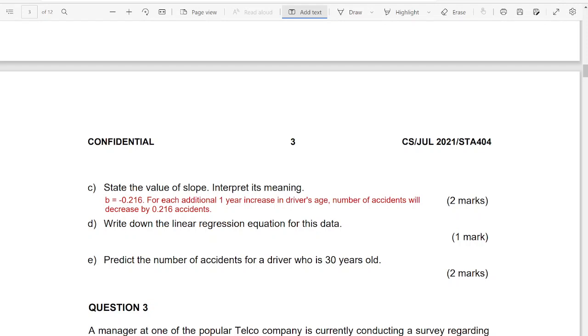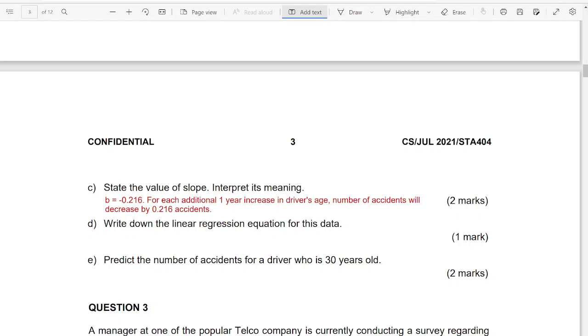So for each additional 1 year increase in driver's age, the number of accidents will decrease by 0.216 accidents. Why decrease? Because the value of B is negative. If the slope coefficient B is positive, it will change to increase. Increase or decrease depends on whether the value of B is positive or negative.